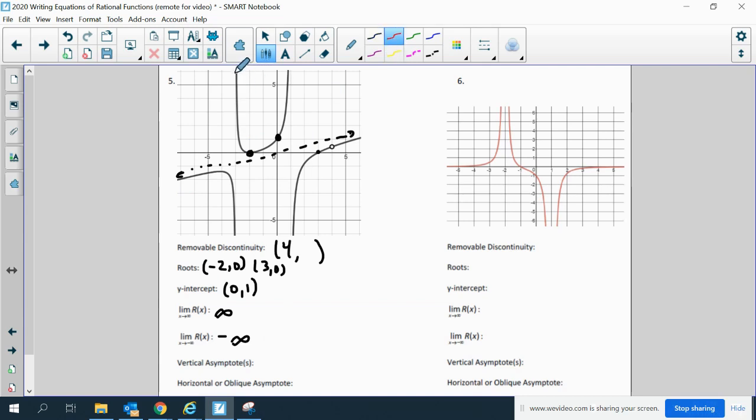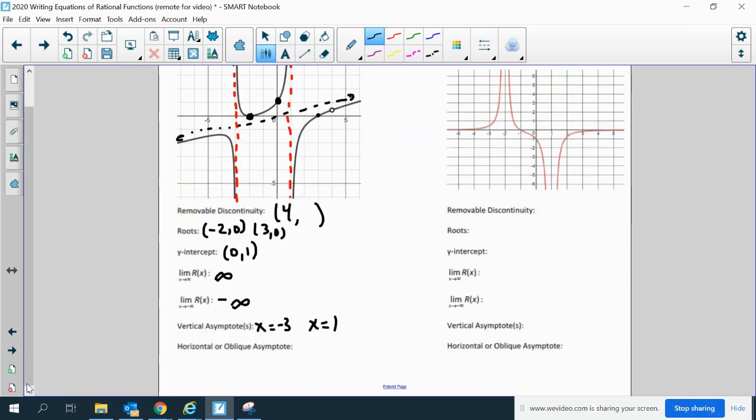It appears at negative 3, and there's also a vertical asymptote at 1. So we have x equals negative 3 and x equals 1. And then this oblique asymptote is something we have to find. So let's take all this information that we have.